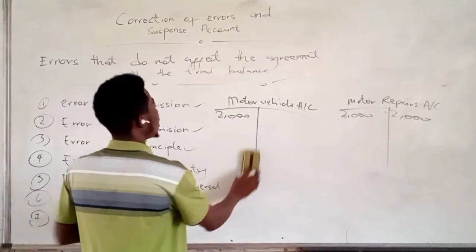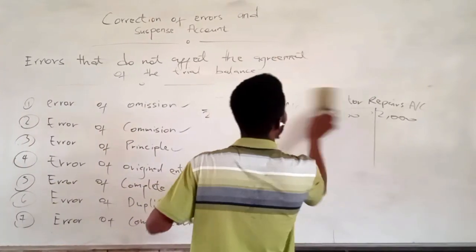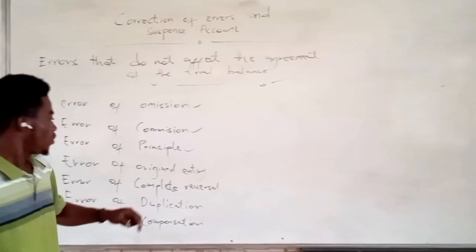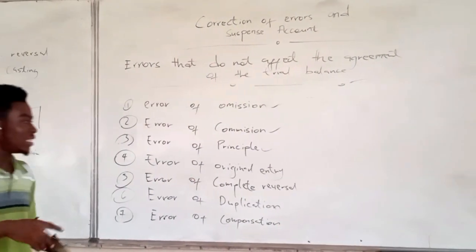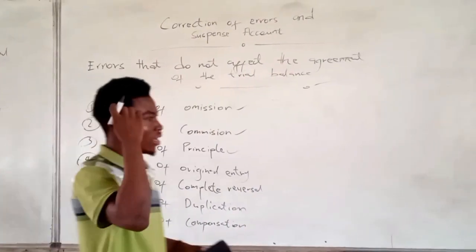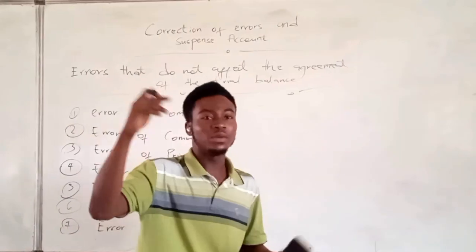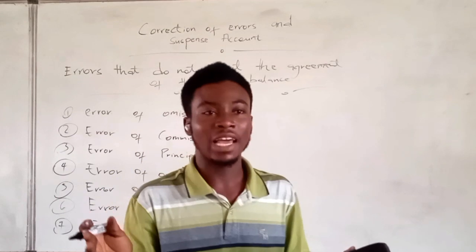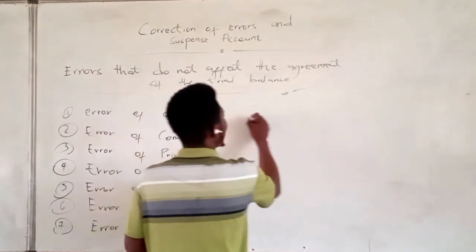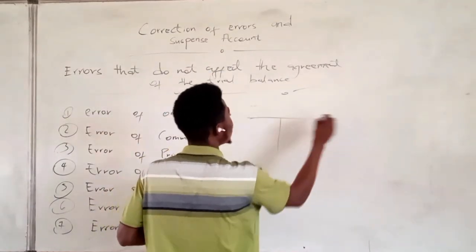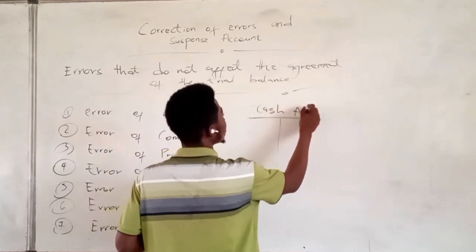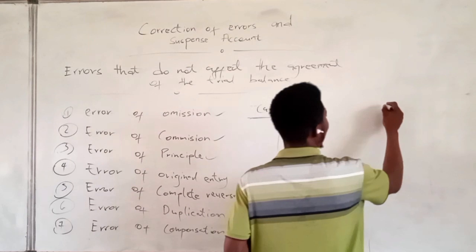Now let's go to the error of original entry. We talked about it: the day books that we did, we are supposed to bring it to the double entry, and we refused to do it.